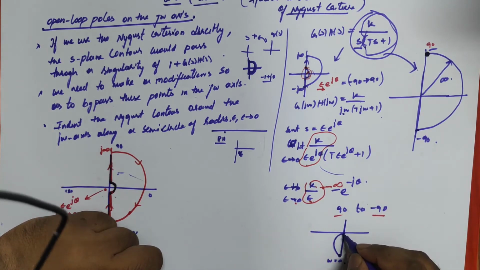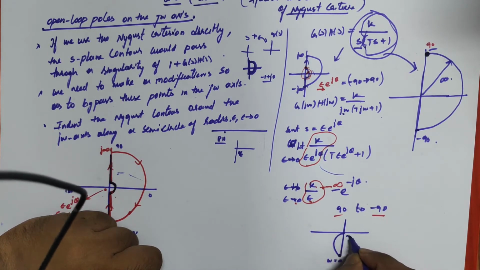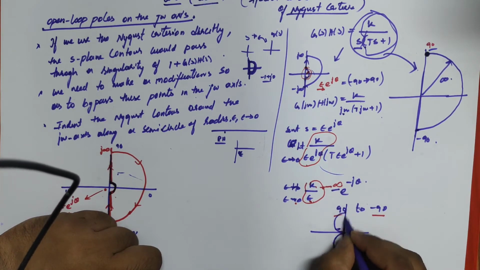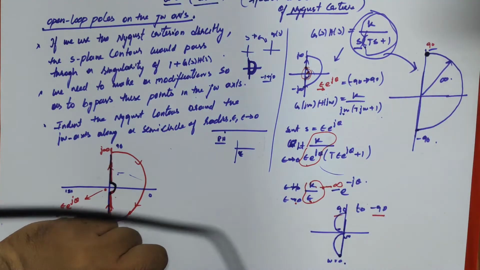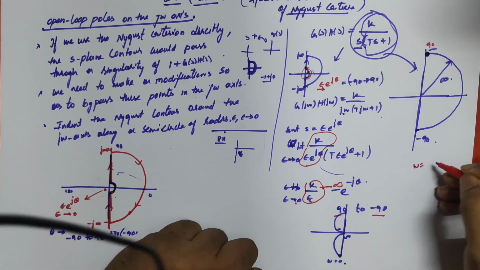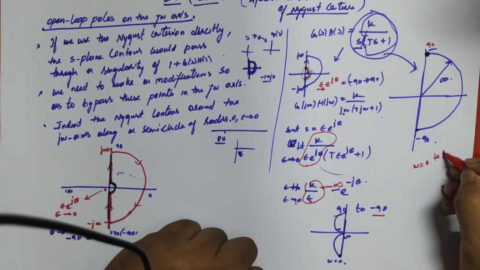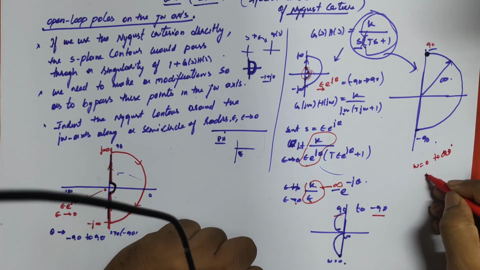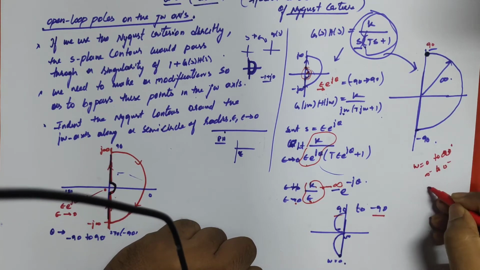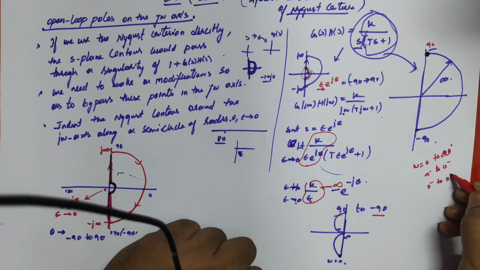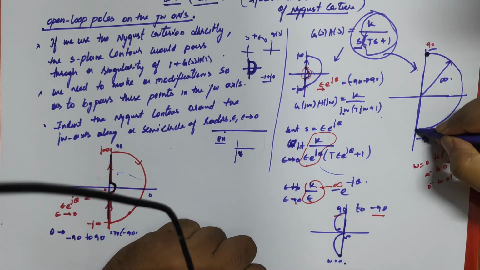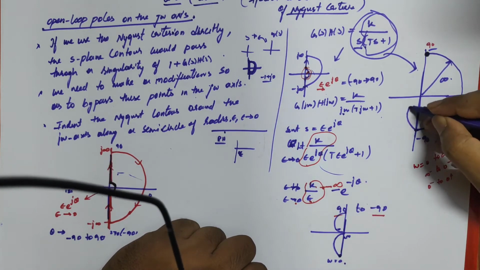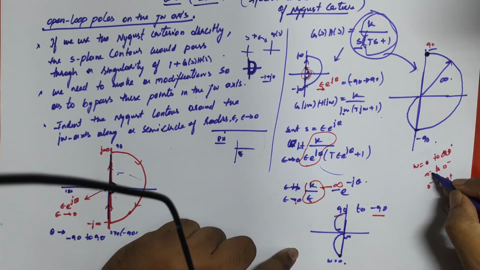Okay, and for omega from 0 to plus infinity, and from minus infinity to 0, I get another polar plot like this. So I complete this whole section: omega from 0 to infinity, and from minus infinity to minus 0, and then from minus 0 to plus 0.